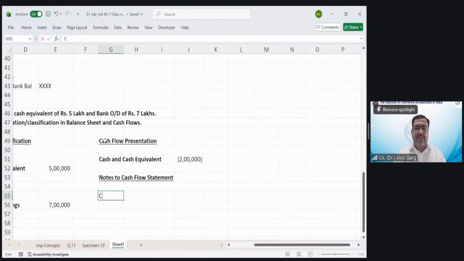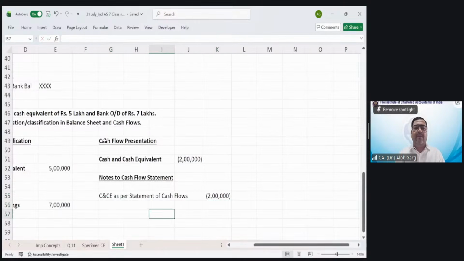Cash and cash equivalent as per statement of cash flows. Add bank overdraft. Cash and cash equivalent as per balance sheet.